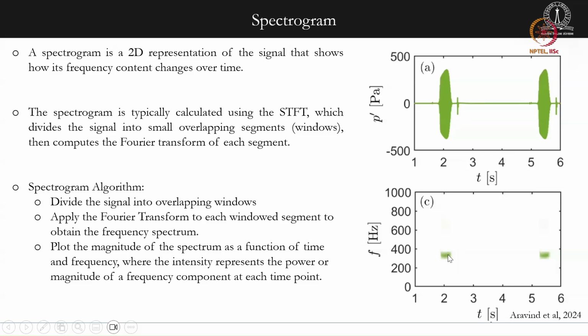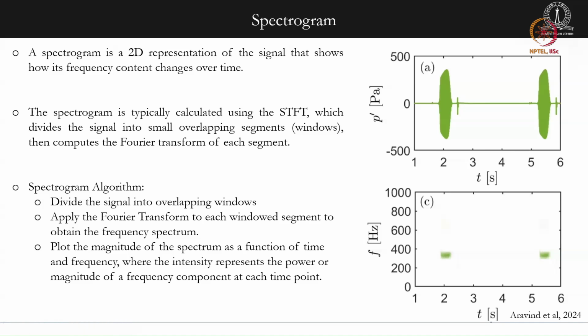And again, the same frequency happened after a particular time period that corresponds to these fluctuations, and again it represents the magnitude in terms of color. So that is what the spectrogram does. It's basically nothing but a moving window FFT.